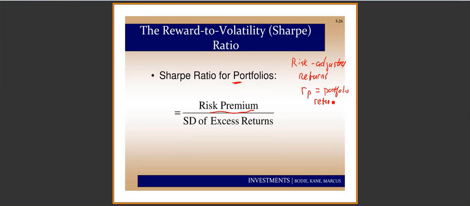Maybe over the last quarter, right? That was your portfolio return. Let's define R sub F to be the risk-free rate. It's what you could have earned on a T-bill, for instance. So R_P, which is what you earned on your portfolio, minus R_F, which was the risk-free rate, is what's referred to as the excess return, or as it has up here, the risk premium.